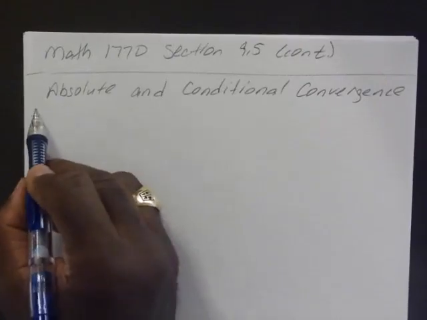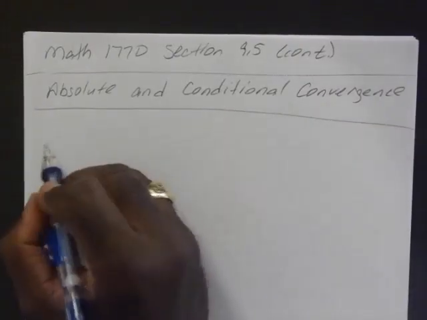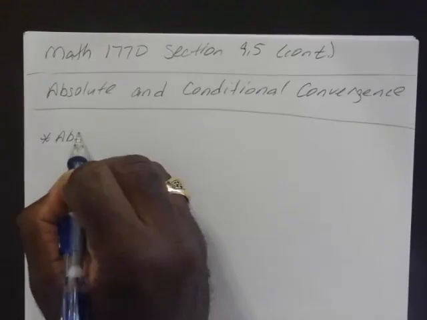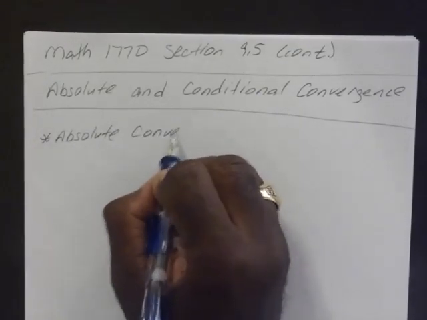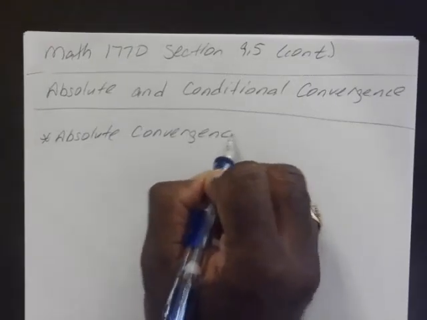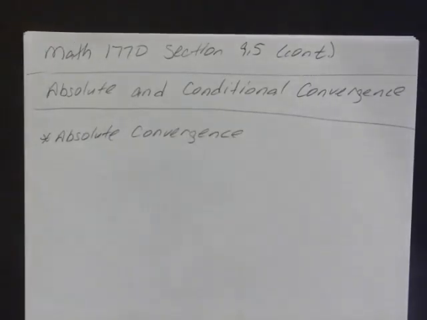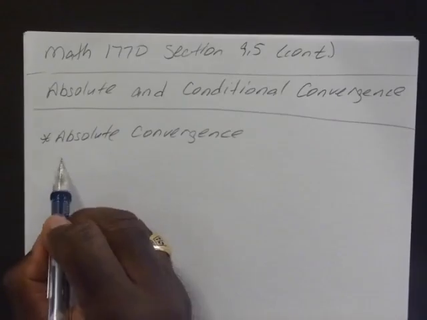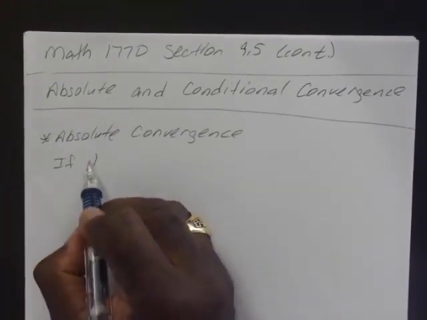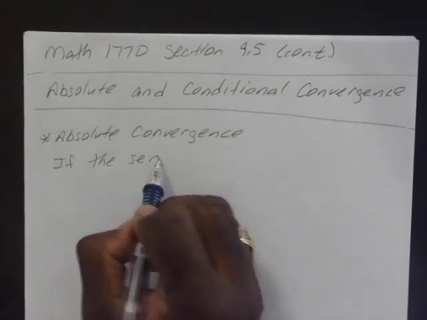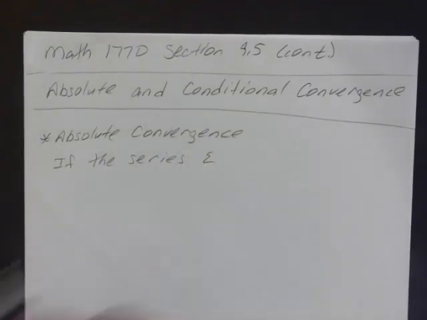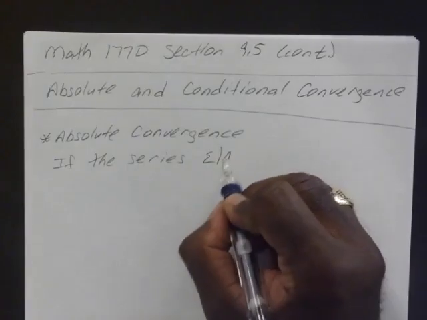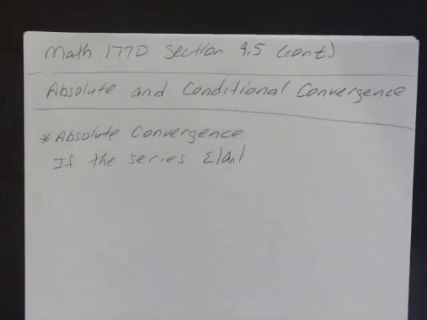Okay, so with absolute convergence, that just says that if the series, and that's the series, but of the absolute value of the series.